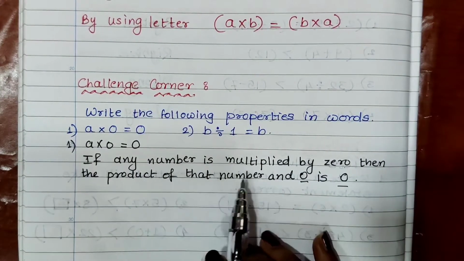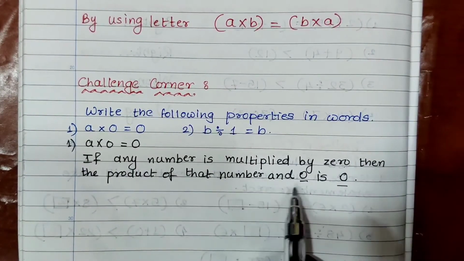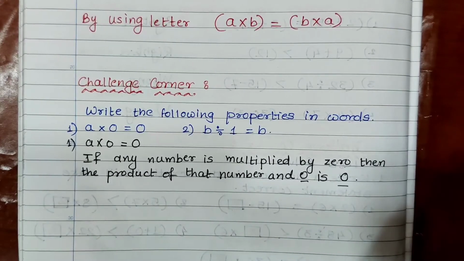So if any number is multiplied by 0, then the product of that number and 0 is always 0.